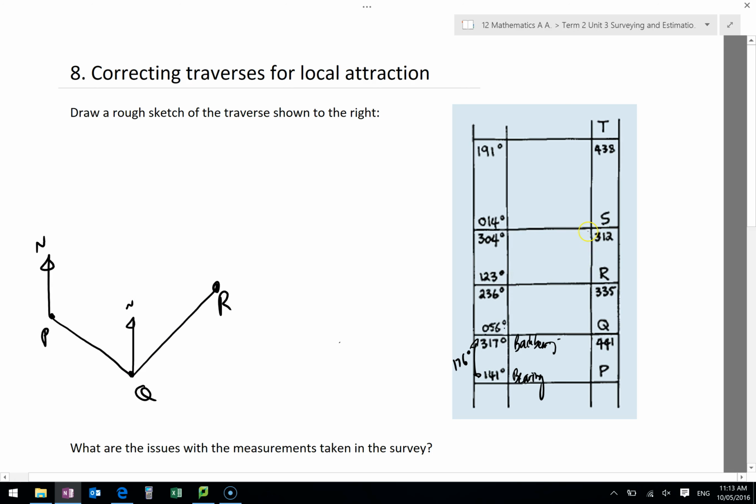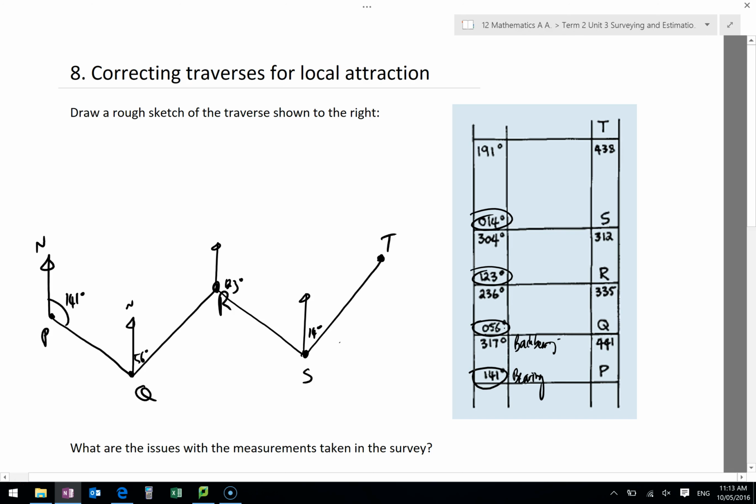Then 123 degrees to point S. This is just a rough sketch so we've got something to refer to. And then 14 degrees to point T. So what we used there were all the bearings: 141, 56, 123, and 14 degrees.